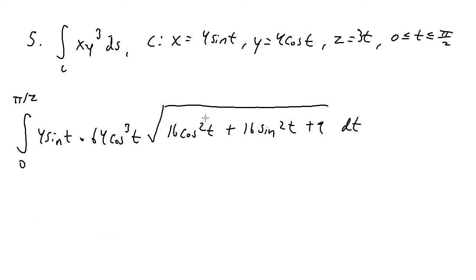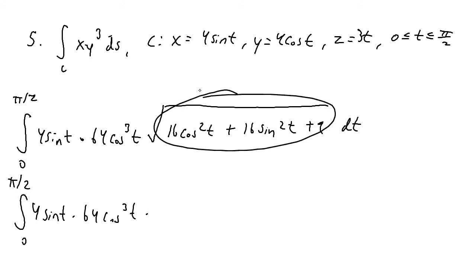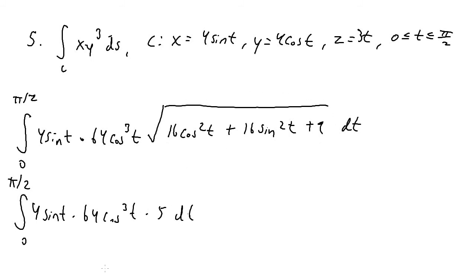Now, like we did earlier, 16 cosine squared plus 16 sine squared. If you factor out the 16, we just get 16 times cosine squared plus sine squared, which is 1. So then 1 times 16 is 16. So then we get 16 plus 9, which is 25, and the square root of 25 is 5. So we're left with the integral from 0 to pi over 2 of 4 times sine of t times 64 cosine cubed of t times, we simplified the entire thing down to 5, and then we have dt.